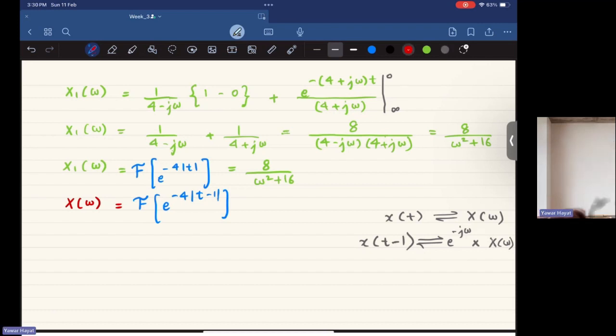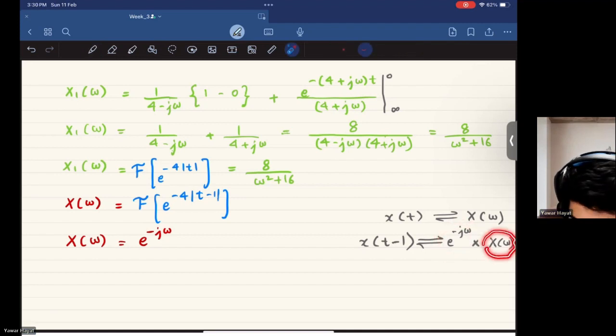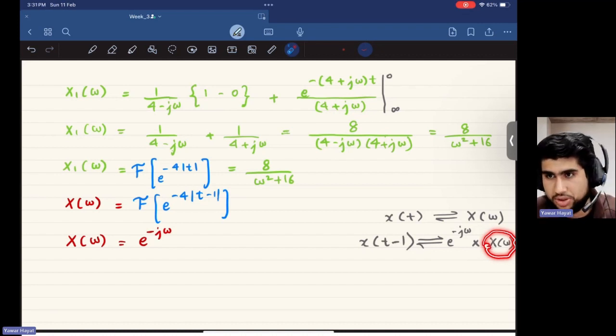So what is X of omega? X of omega would be e to the power minus j omega times the Fourier transform of the signal that is not time shifted.